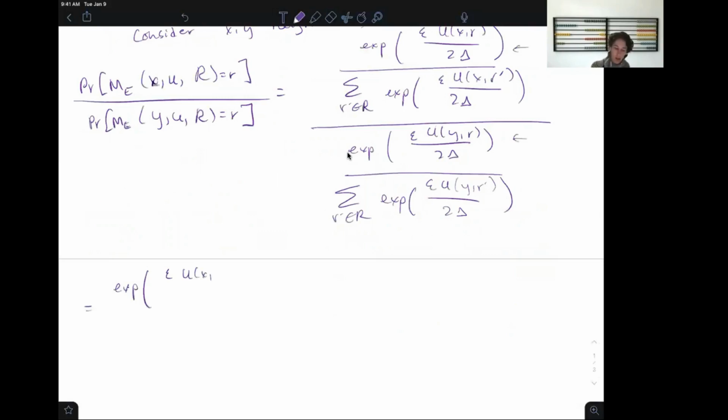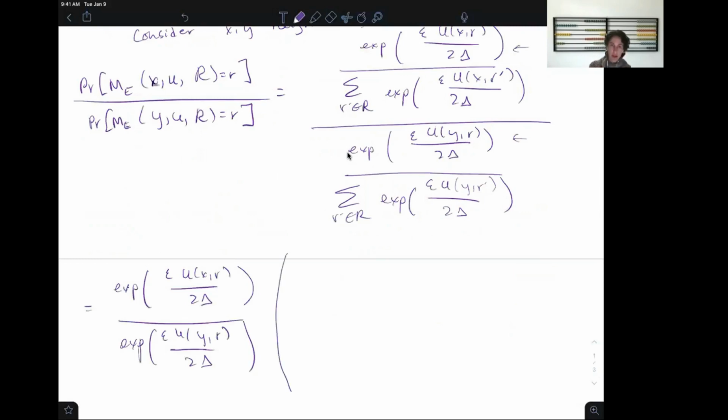So that's exp of epsilon u of x, r over 2 delta, over exp of epsilon u of y, r over 2 delta. Maybe you're already getting an idea about what we can do there. And here we've got this mess with the sums: the sum of exp of epsilon u of y, r prime over 2 delta, because that was the denominator of the denominator.